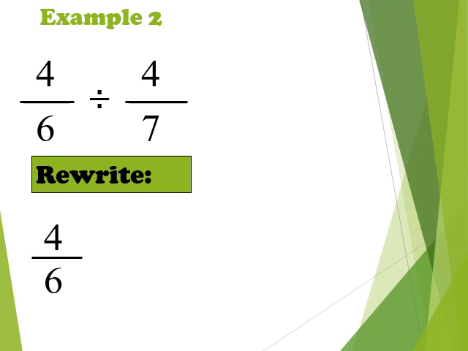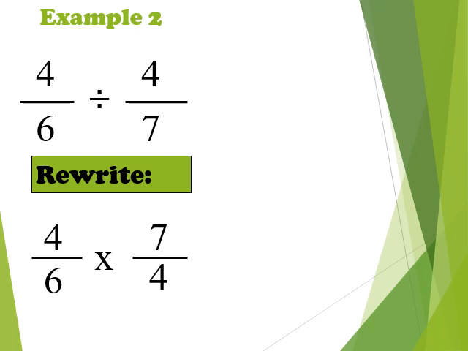Step number 2, change the division sign to a multiplication sign. Step number 3, flip the second fraction upside down. So I will write the reciprocal. It will be 7 out of 4.